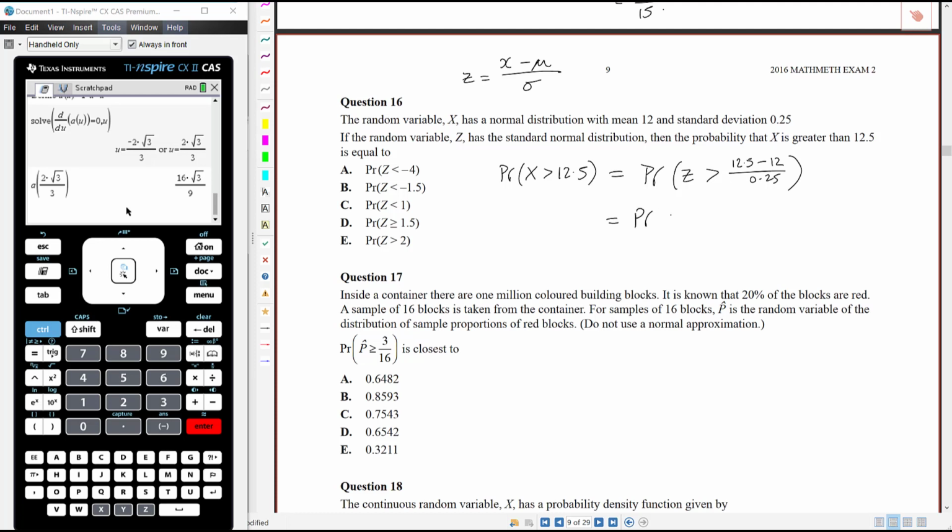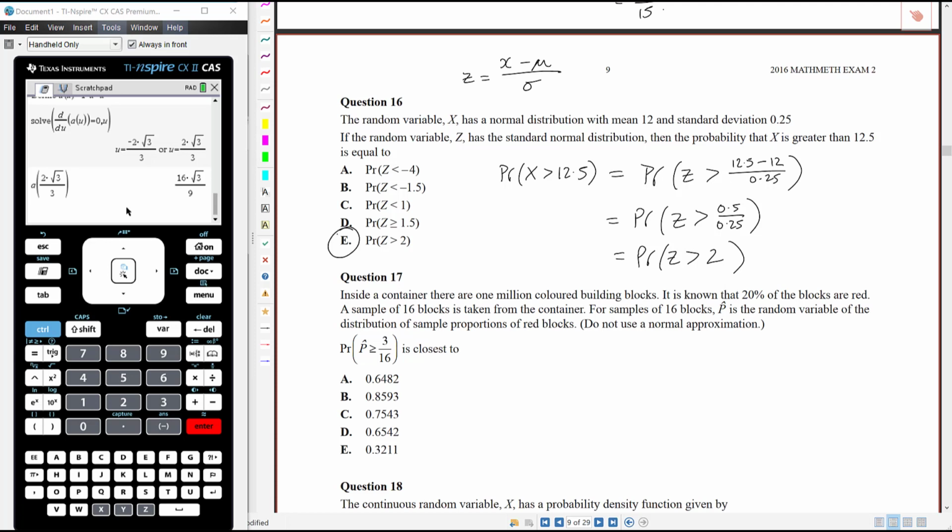Which is the probability that z is bigger than 0.5 on 0.25. How many quarters are in a half? Should be 2. Again, you've got your CAS to help you with the numbers if you need. So probability of x being bigger than 12.5 is the same as the probability of z being bigger than 2.